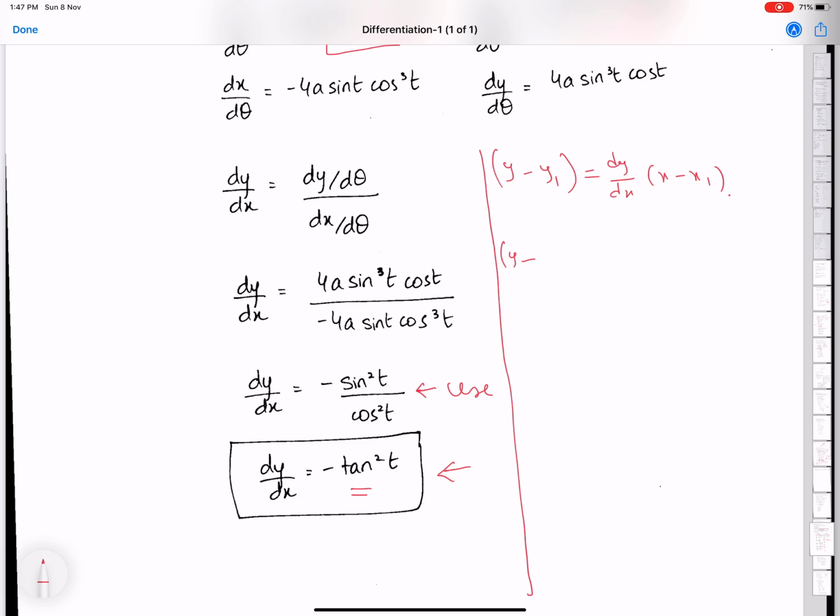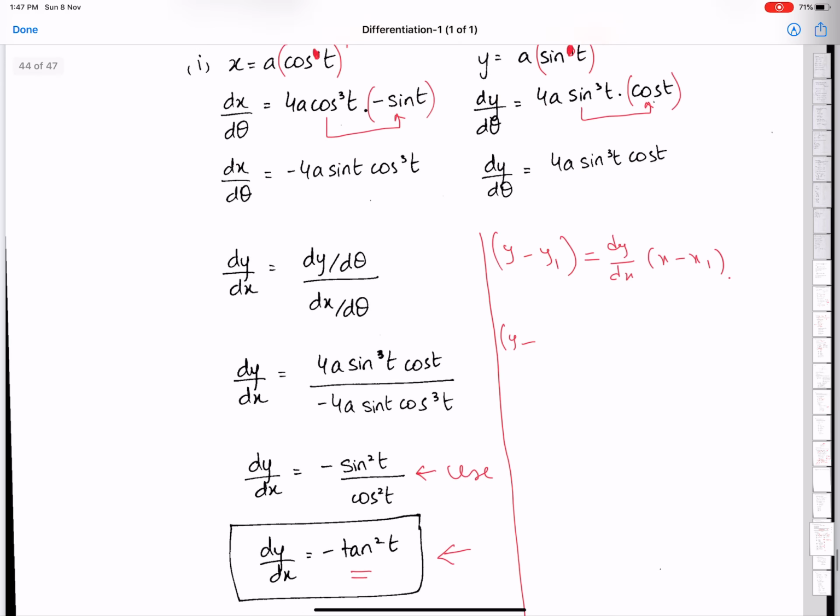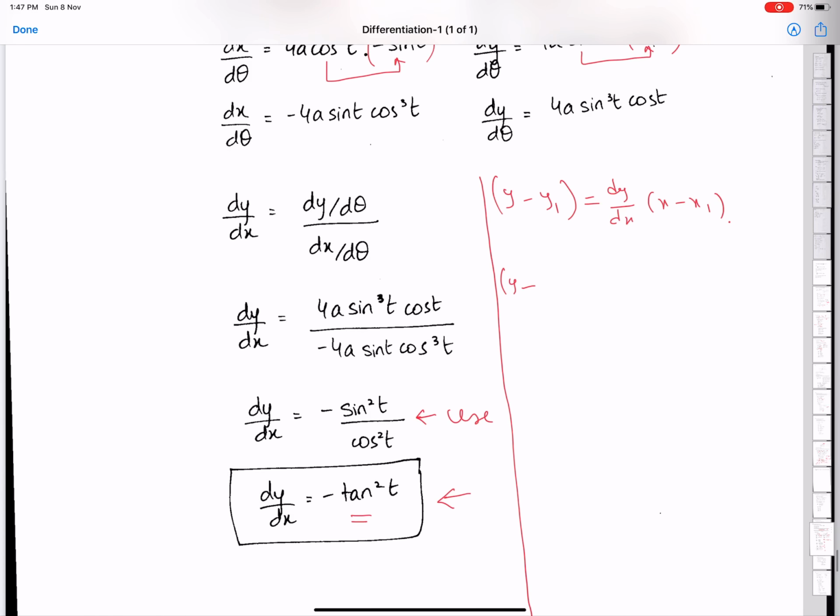So y minus y1, where y1 is a sin power 4 t, and the gradient is minus sin square t upon cos square t, times x minus x1, and x1 I think was a cos power 4 t.